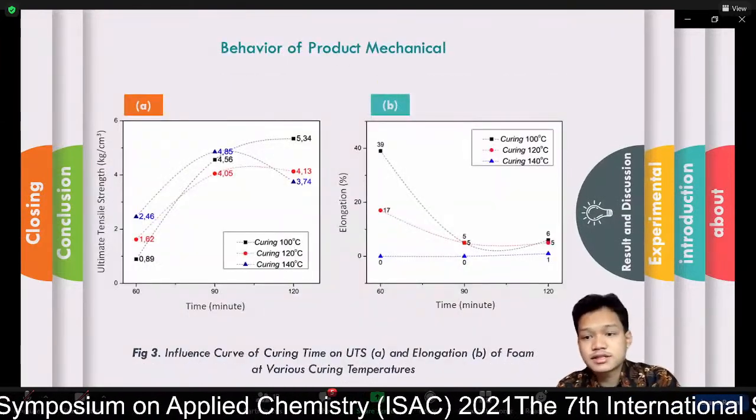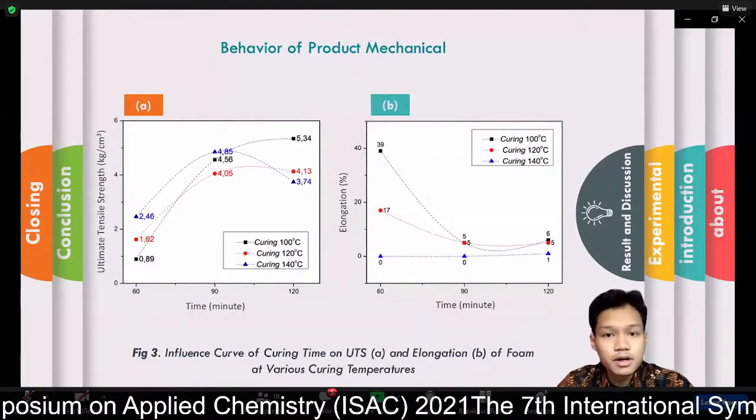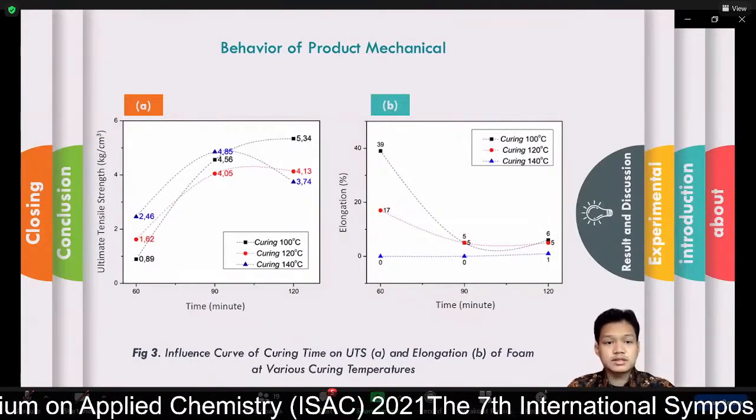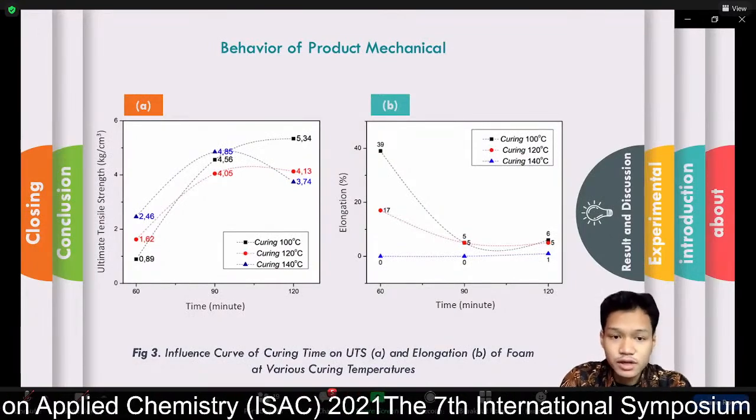And the last result is about mechanical properties of the material. The left one is UTS and the right one is elongation.